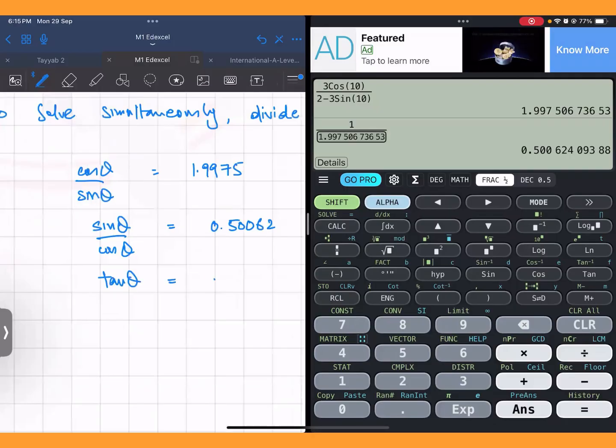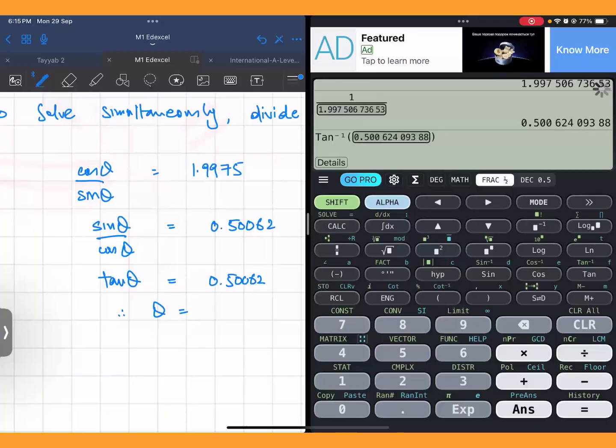So tan theta is 0.50062. And so the value of theta would come out as tan inverse of this answer, 0.500624.